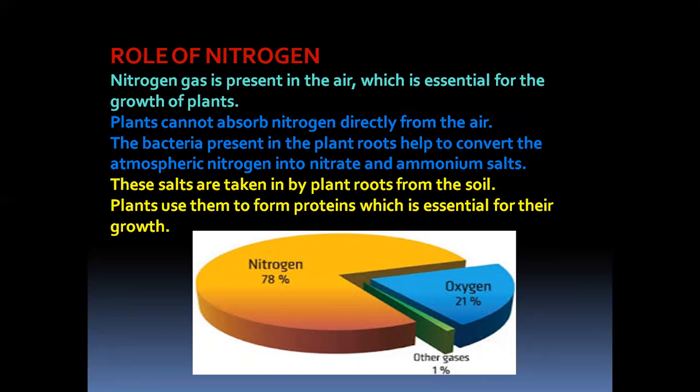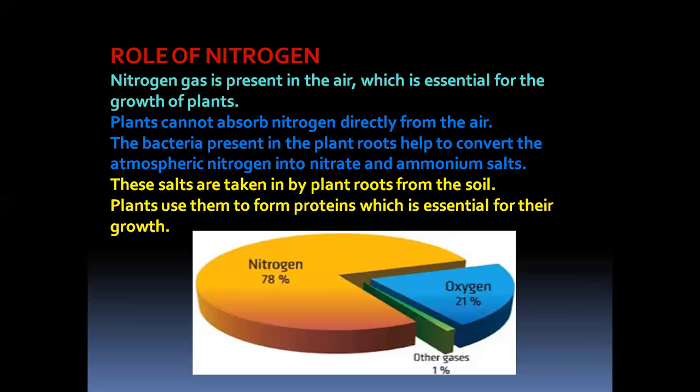So the bacteria present in the plant roots help to convert the atmospheric nitrogen into nitrate and ammonium salts. The best examples are beans, groundnut, peanut. When you take these plants out, in their roots you will find nodules.